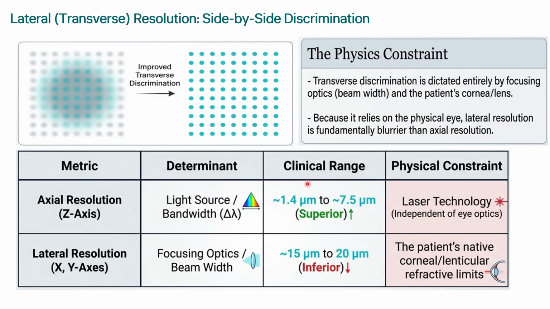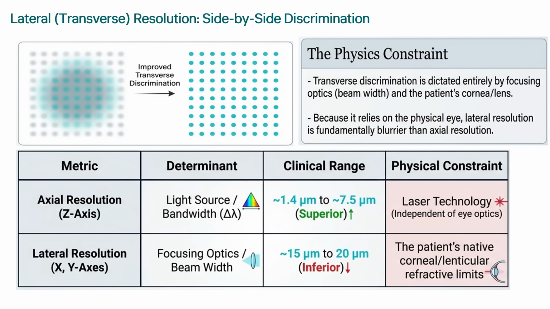So you can see here the axial resolution is very fine, very superior, around 1.4 to 7.4 microns. However, the lateral resolution is inferior, 15 to 20 microns. And this explains why in the en face block, when we see the retina along the XY axis, the retina is not as clear as compared to the section taken through the axial resolution.